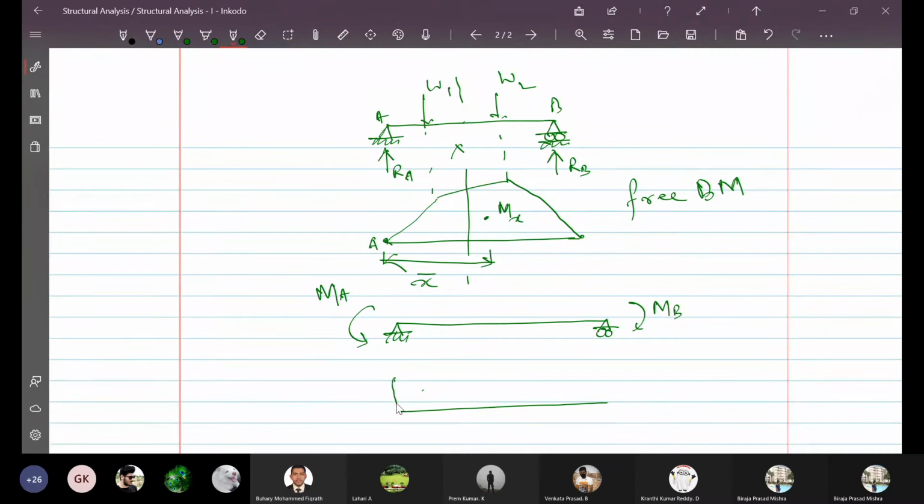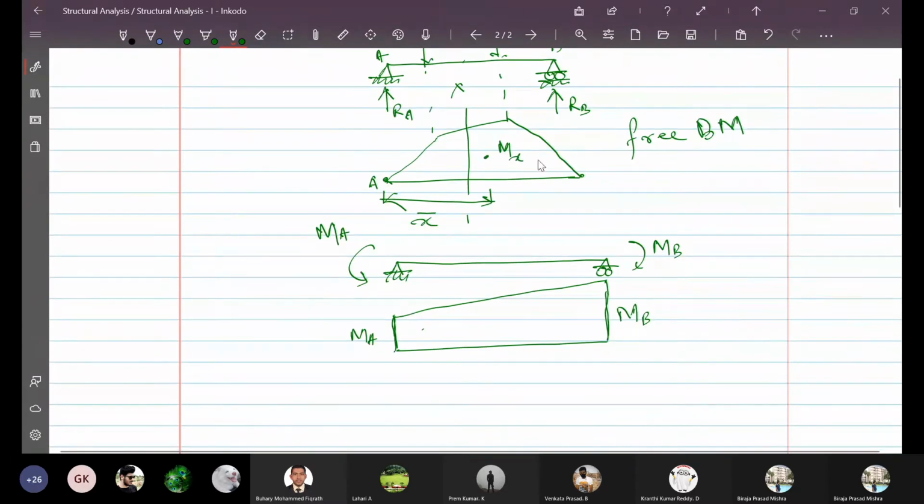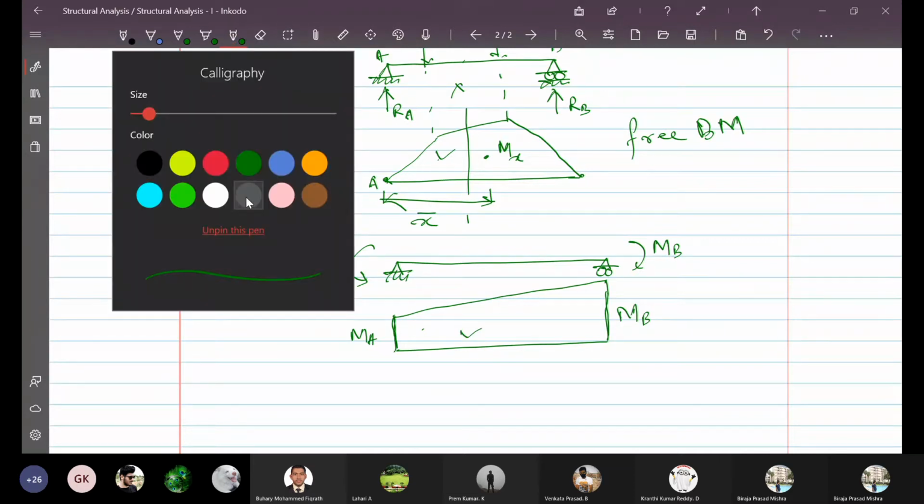The fixed bending moment diagram is, let us say, this will be MA and this is MB. Now if I combine these two bending moment diagrams, this one and this one, what will be my resultant?